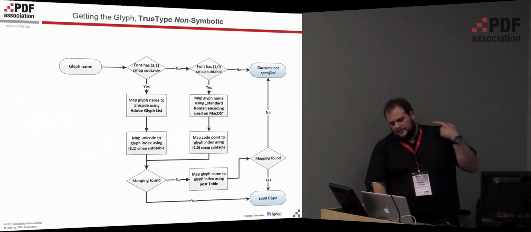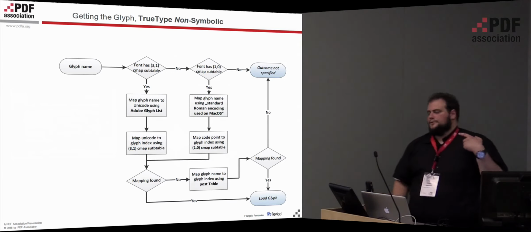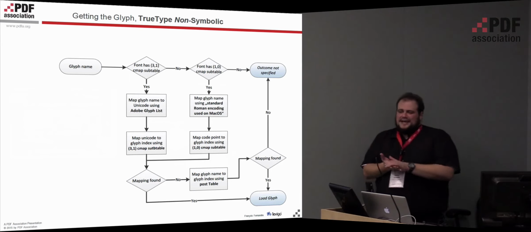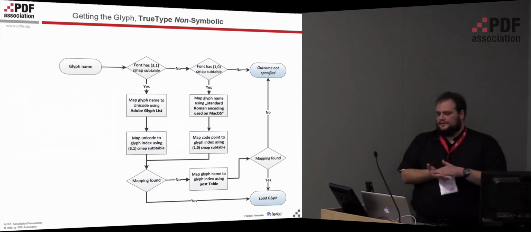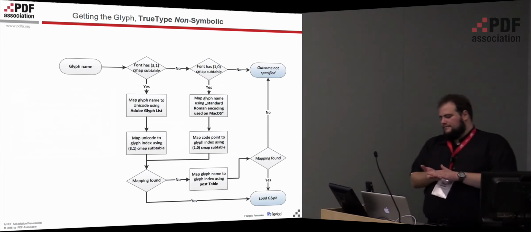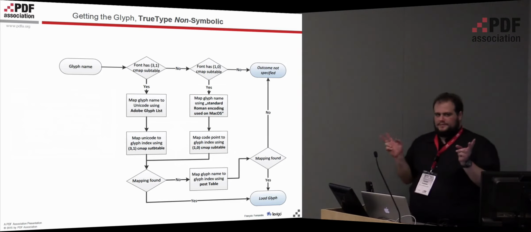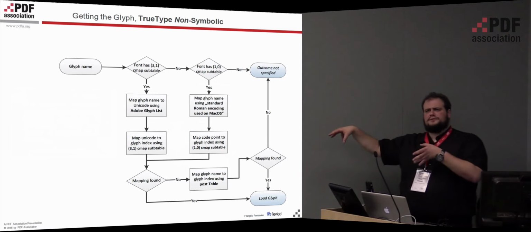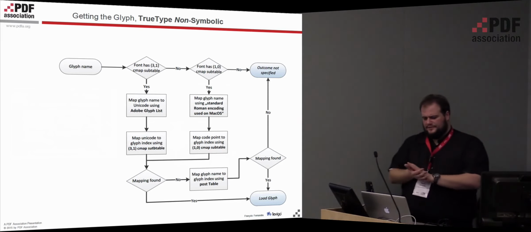So the more common type of encoding using TrueType is the non-symbolic. And it's actually a bit more complicated than the symbolic one. We have to look for 2 different CMAP subtables, which specify those. I don't know if I have mentioned the term CMAP.